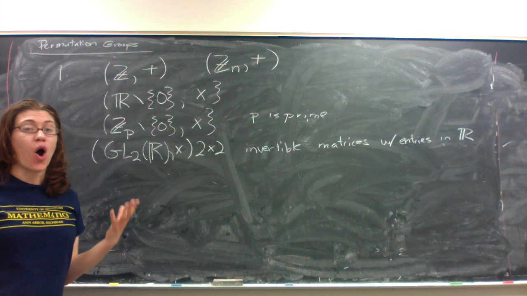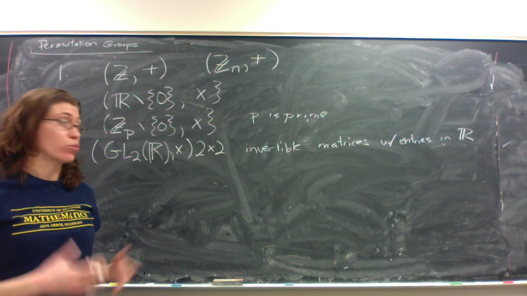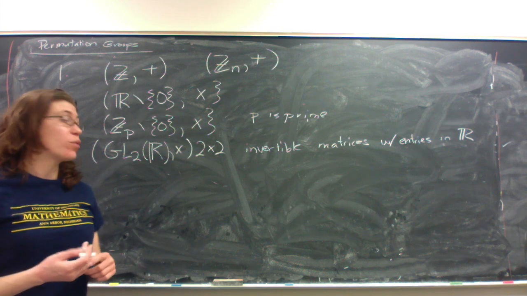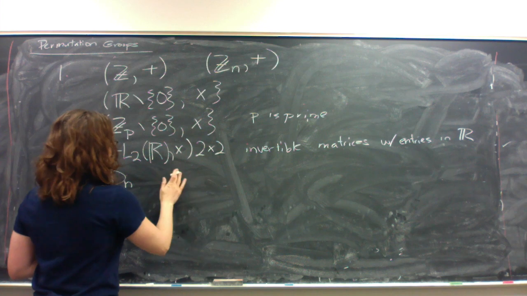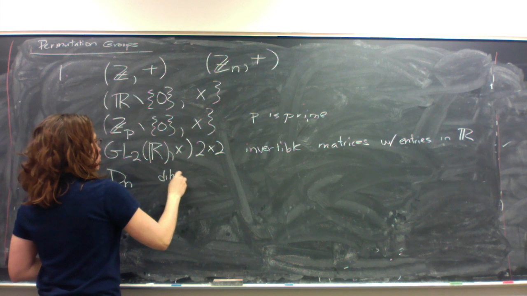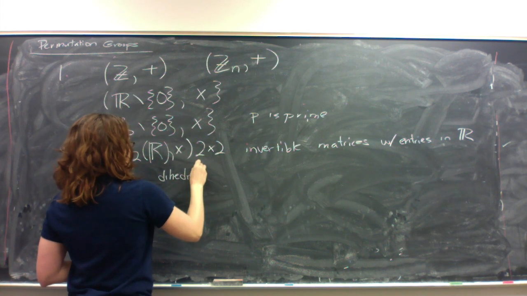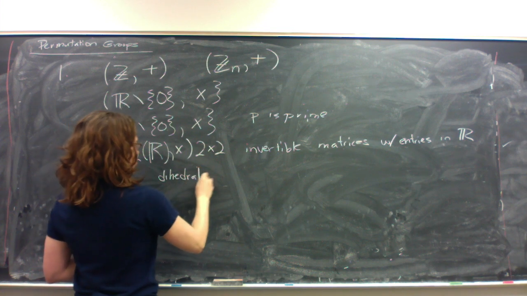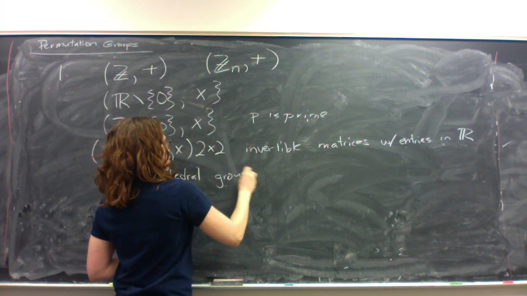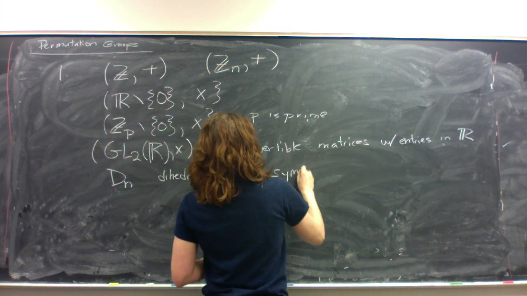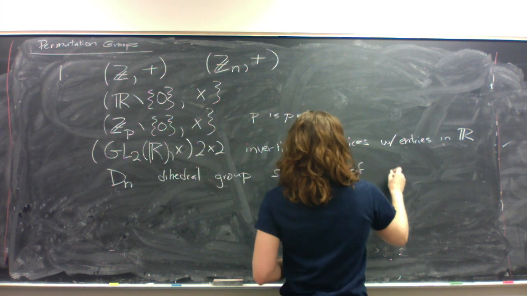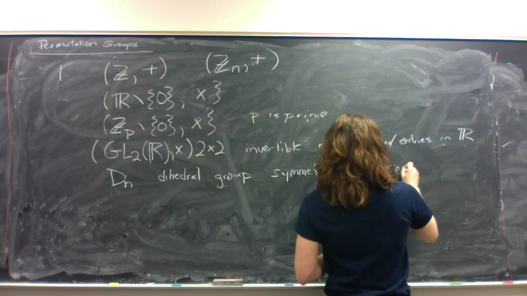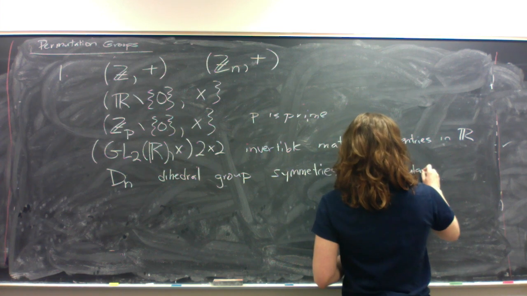But not all groups come from rings in this way, and we've seen as one example of this D_n, the dihedral group, which is the symmetries of the regular n-gon, or irregular n-gon.